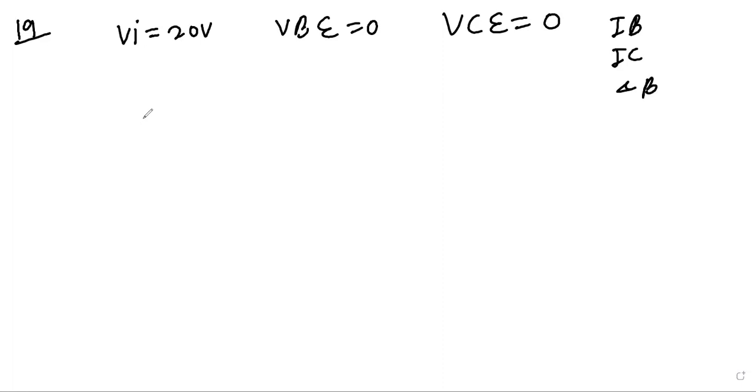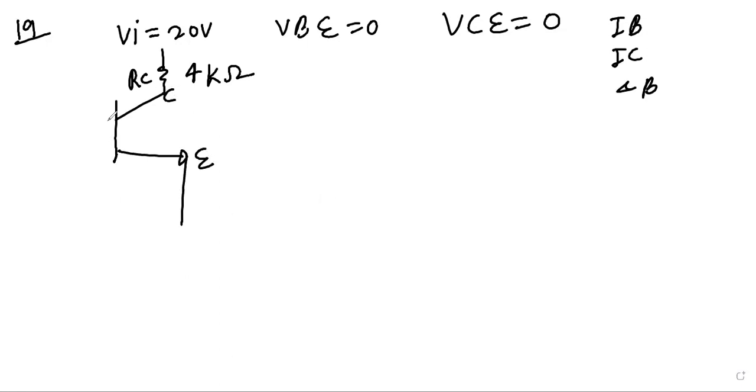So the diagram is given to you like this. This is RC, the resistor through the collector, which is given as 4 kilo ohm, right? This is the emitter, this is your collector, this is your base.